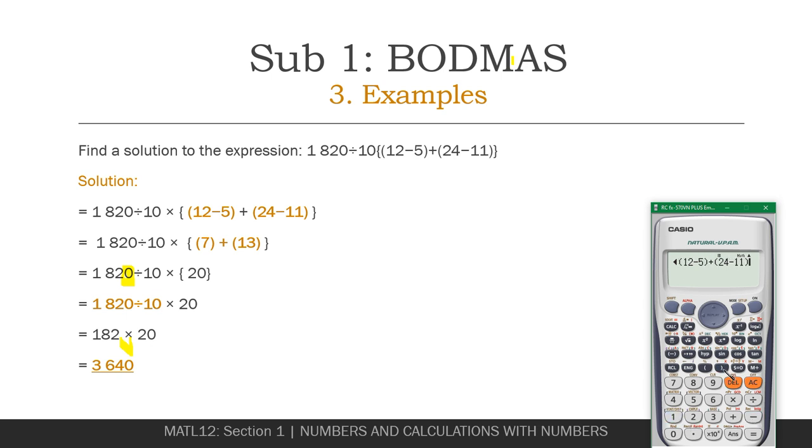Close that bracket, and then close the bigger bracket. What you hope for is that when you press enter, you find 3640. There you go, 3640. Precisely how we solved this is how the calculator solves it.